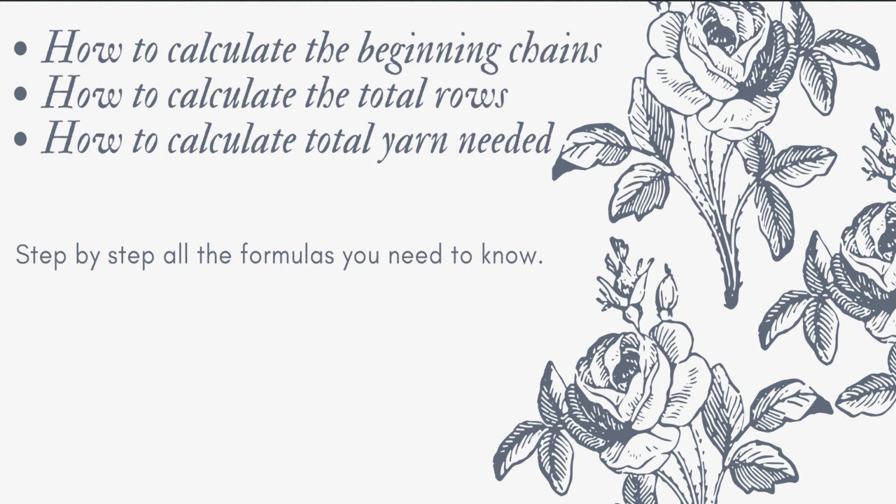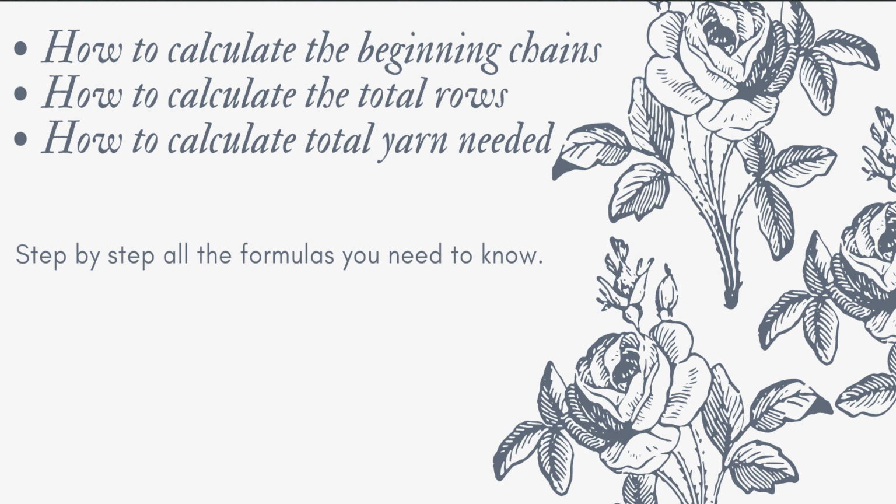Now, it's very important to mention that depending on if you make a sample with such and such yarn and crochet hook, if you do the same stitch but with different yarn and different crochet hook, you will have to redo your sample and your calculations all over from the beginning.